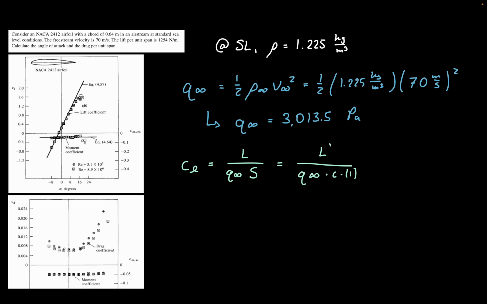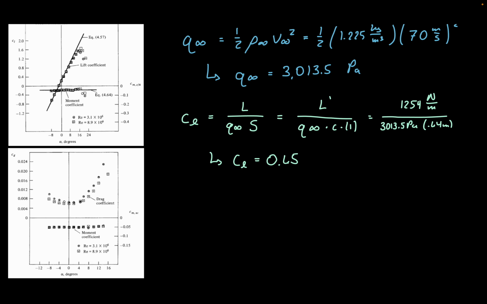So we'll have c times 1, replacing our surface area here. So now we have our coefficient of lift in terms of our lift per unit span. And then next, all we have to do is plug in our values. So then that gives a coefficient of lift equal to 0.65.